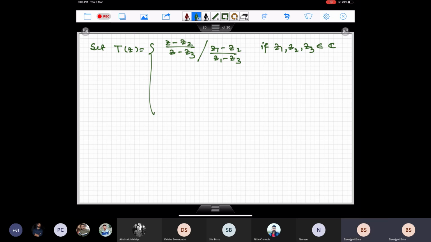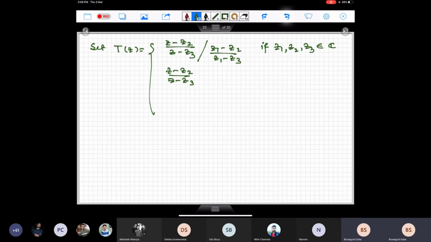Next thing is that I need to also take care of those cases where Z1 could be infinity, Z2 could be infinity, Z3 could be infinity. In those cases, if I just look at this one, that takes care of when Z2 and Z3 are complex numbers, and even Z1 is infinity, this is good enough, right?